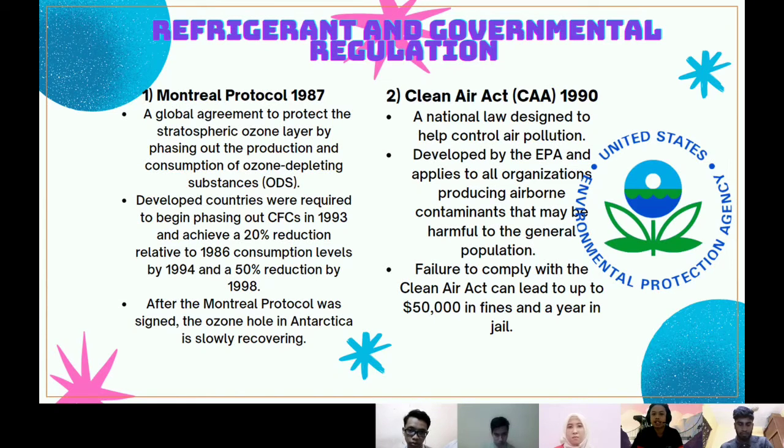The next regulation is the Clean Air Act (CAA) 1990, a national law designed to help control air pollution, which is developed by the EPA and applies to all organizations producing airborne contaminants. When people in a company fail to comply with the Clean Air Act, they can be fined $50,000 and face a year of jail.